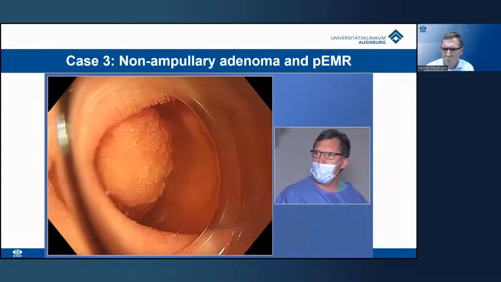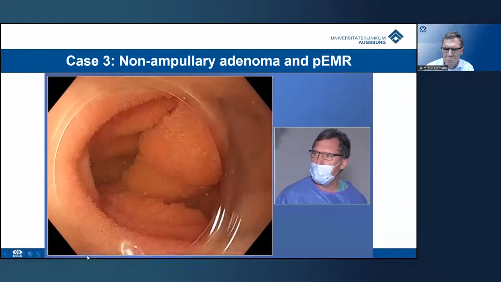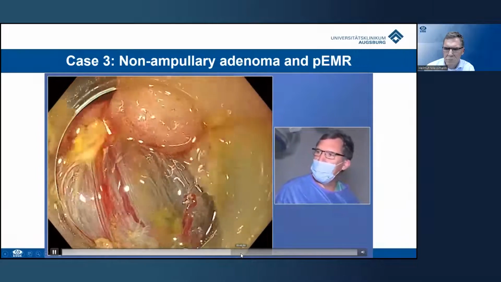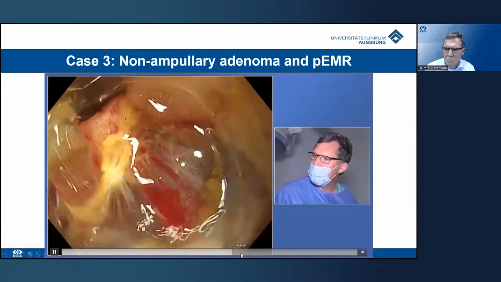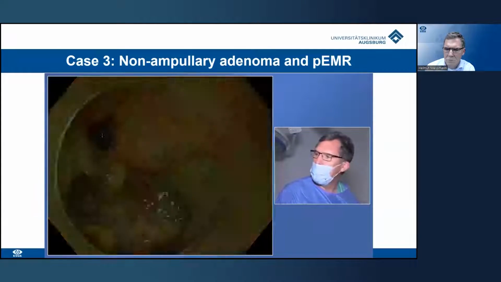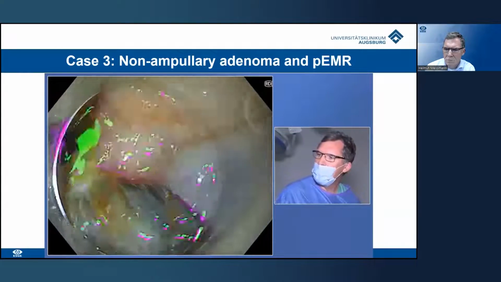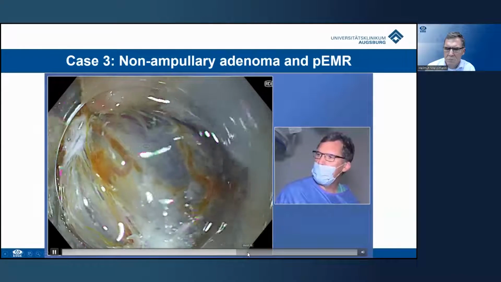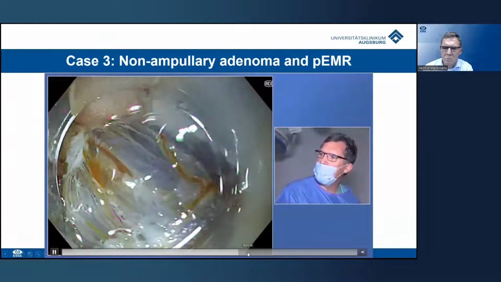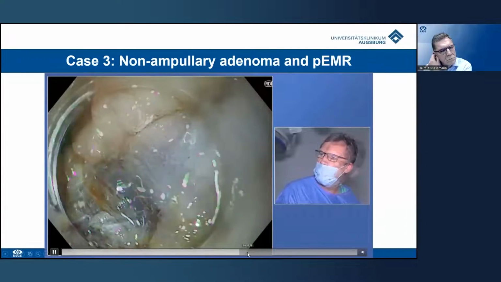Here we are starting the upper part of the adenoma. I prefer to take a cork grasp in this situation, and we can now switch to RDI, red dichromatic imaging, and this is amber color.